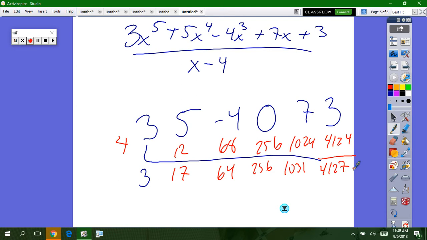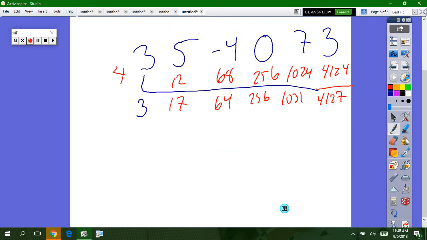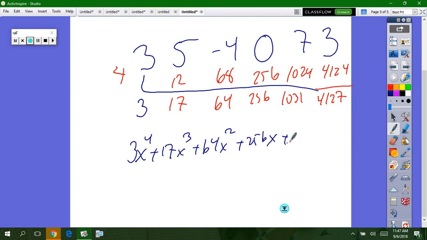Because once again, what does this represent? 3x to the fourth. Let's go ahead and write it. 3x to the fourth plus 17x cubed plus 64x squared plus 256x plus 1,031, but we had a remainder of 4,127 divided by x minus 4.